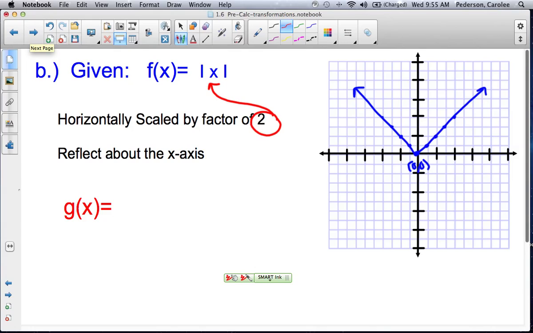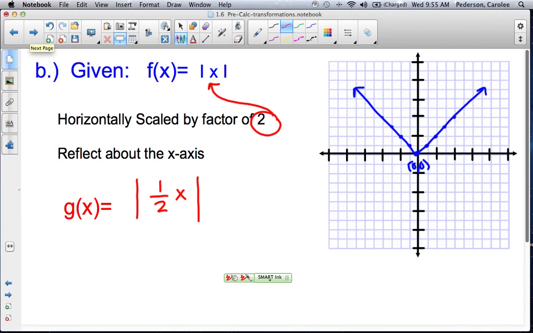So what do we have to do to that number to write it? Reciprocate. And then the other thing, it says reflect it about the x-axis.